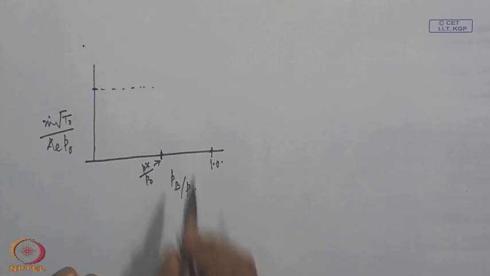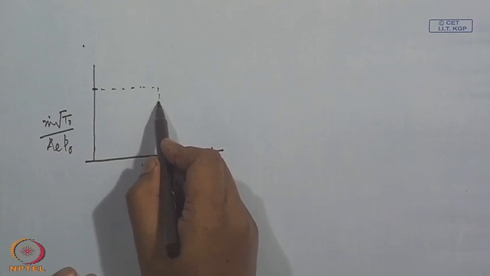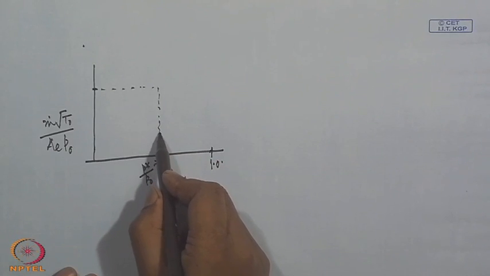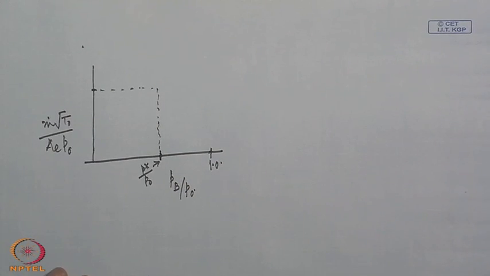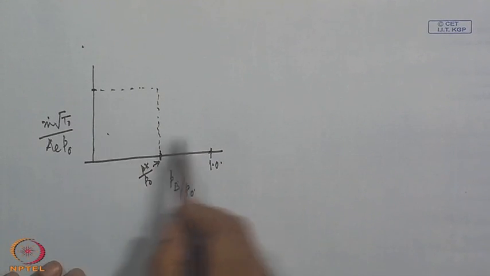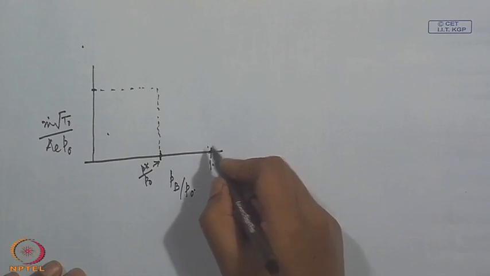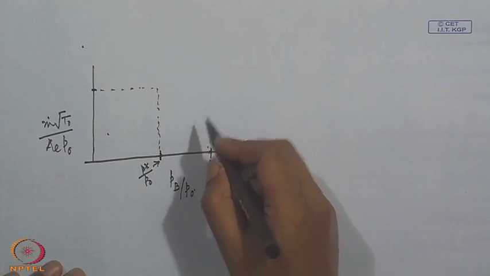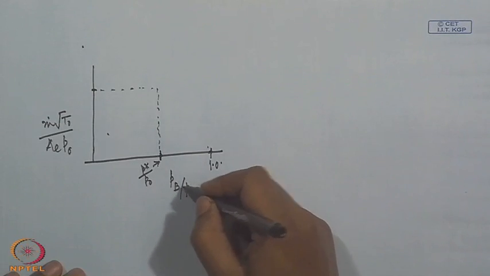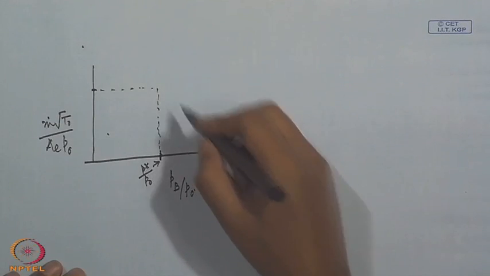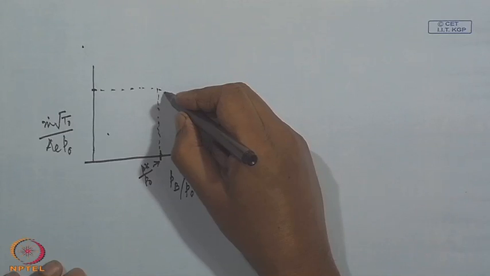This is the value for P star by P 0, and so this part belongs to regime 2, this part belongs to regime 1. In regime 1, as the pressure ratio P b by P 0 decreases, the mass flow increases.